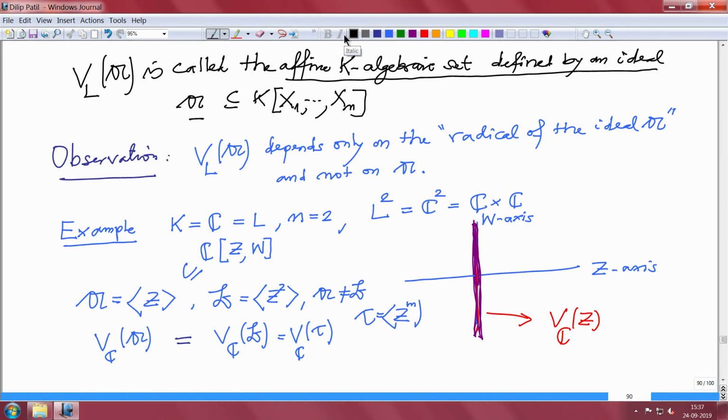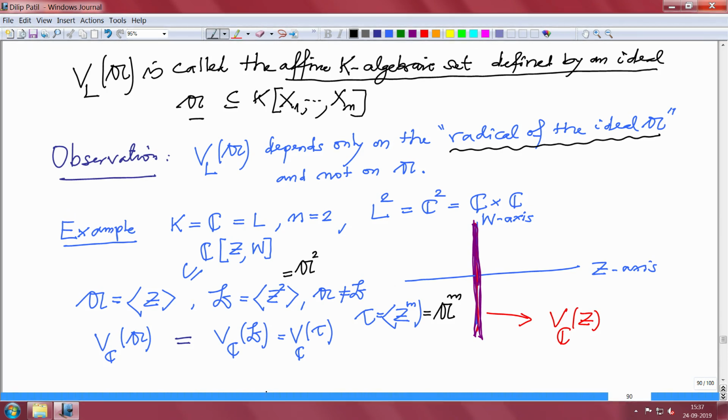I just define now a radical ideal; this depends only on the radical. Therefore, this ideal B is also A square, the square of this ideal, which is A times A, as we defined operations on ideals. This C is nothing but A power m.